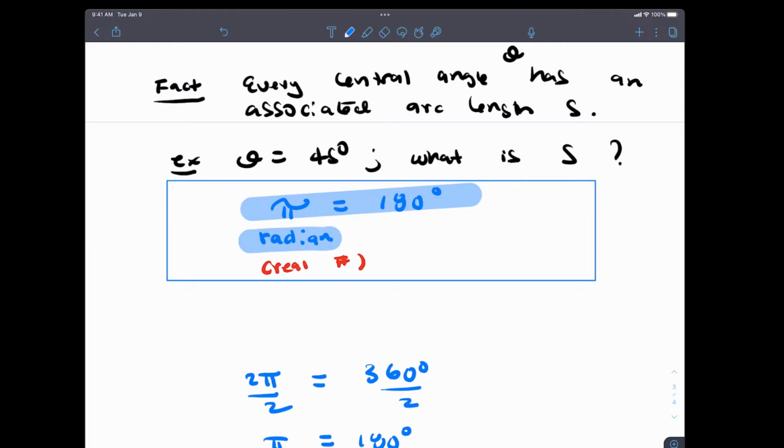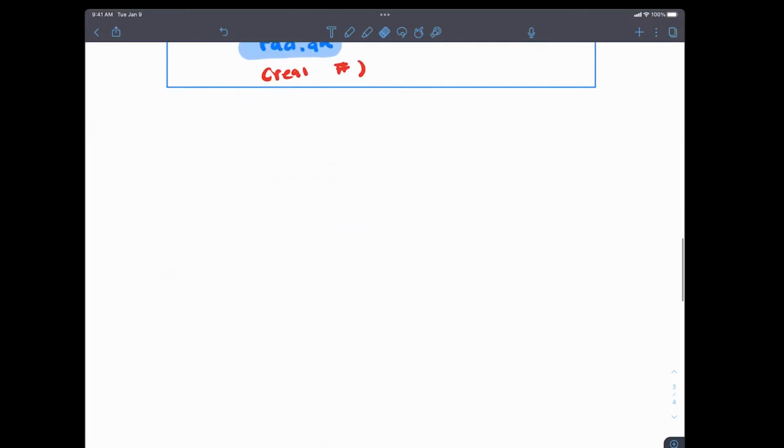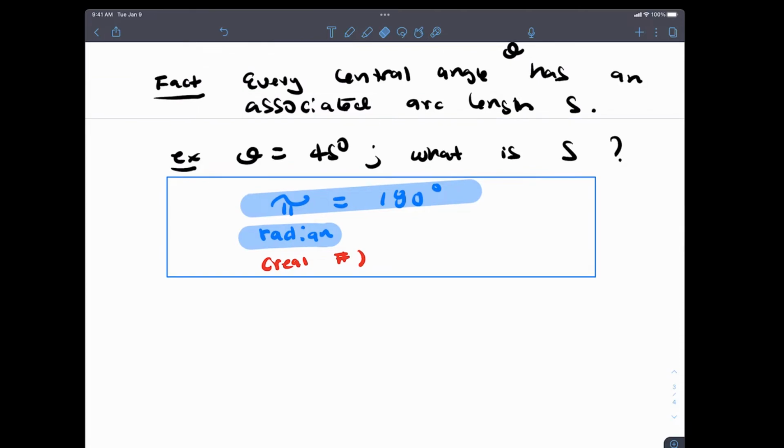Every trig book in the world, pi radians is 180 degrees. That's where they got it from. You could say 2 pi is 360, which means pi is 180. For a unit circle. So, ladies and gentlemen, this is an important detail to use.